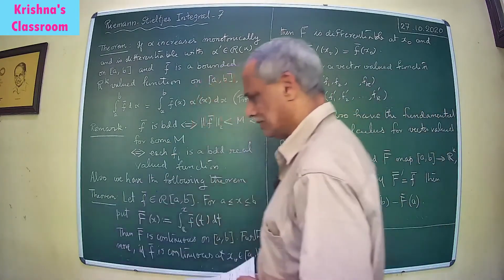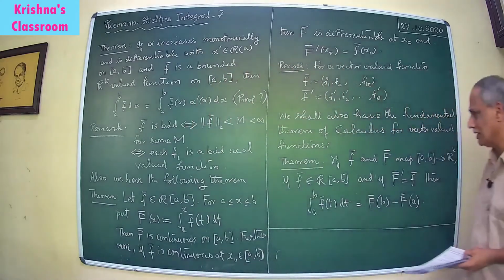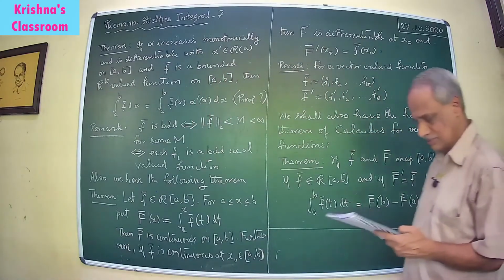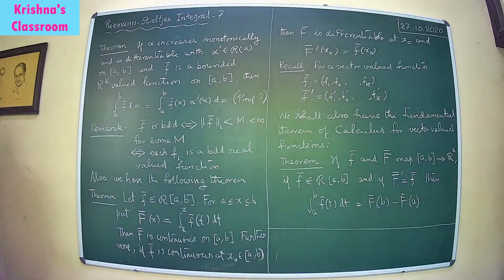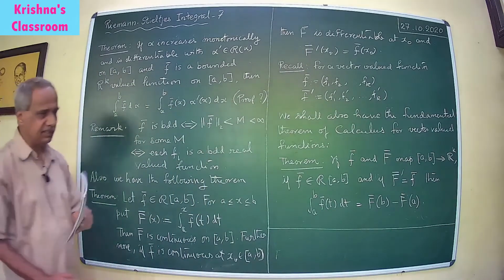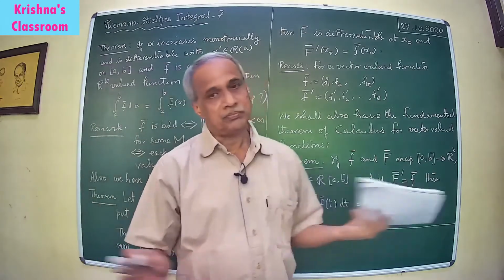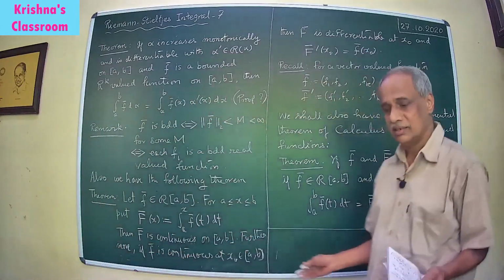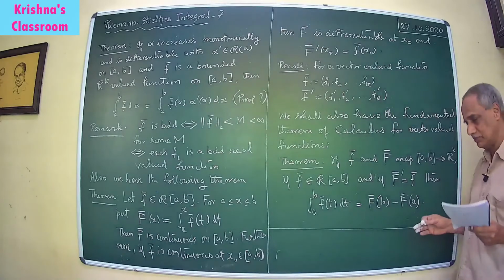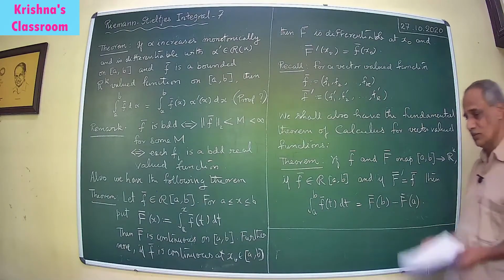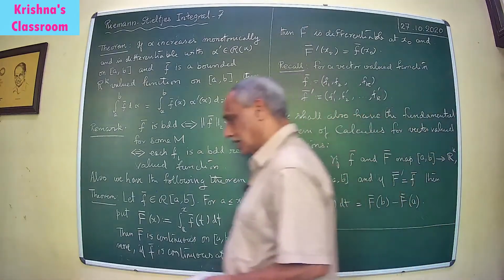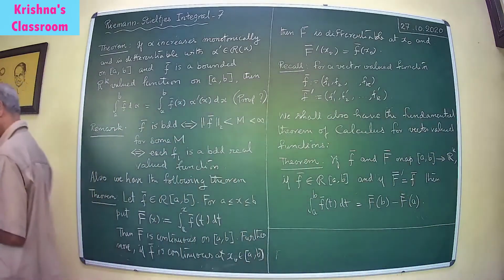So apply the theorem for that, and from that you get it. So we don't really go into the proof of that. They are all just routine exercises, assuming the corresponding results for real valued functions.